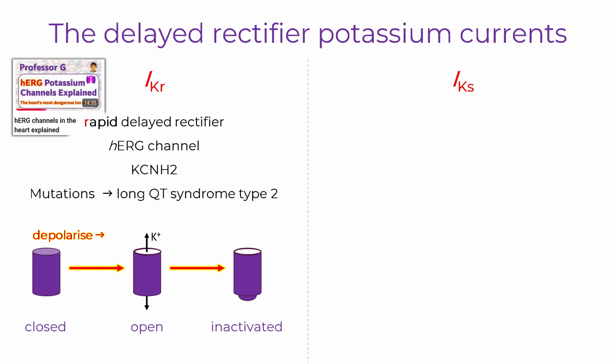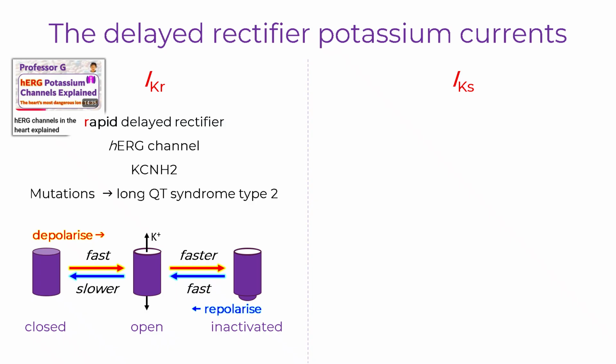IKr activates relatively rapidly, but undergoes marked inactivation during depolarization, which is even more rapid. As the membrane repolarizes, this inactivation is quickly relieved, and channels remain open for a significant time before closing, allowing IKr to contribute strongly to phase 3 repolarisation.